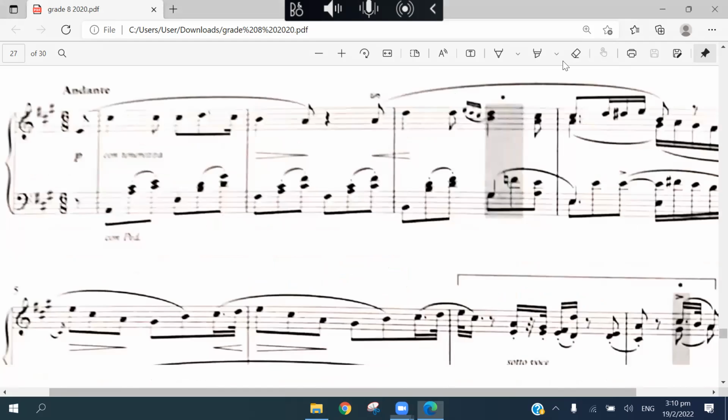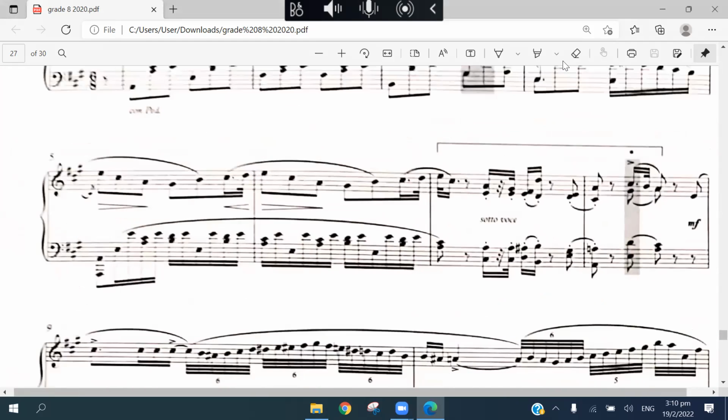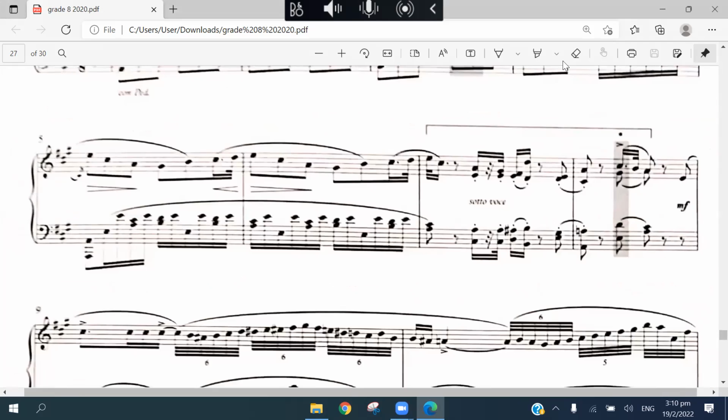Next one. Next one is this, right? What are the letters? You need to recognize the notes including sharps and flats, and the clef also. Let's see. E, G, C. Yeah, your C sharp.